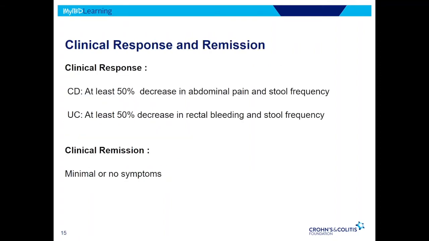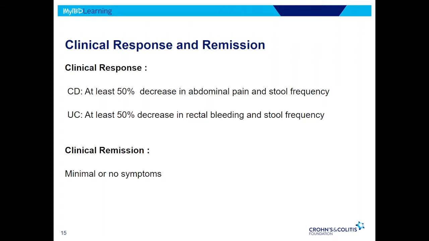So in the clinical trials, this is what is used as a definition for response and remission. In Crohn's disease, they're talking about 50% improvement in abdominal pain and stool frequency. And in ulcerative colitis, they're talking about a 50% improvement in the frequency of bowel movements and a decrease in the amount of blood in stool.